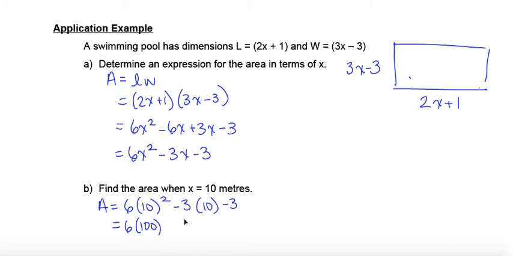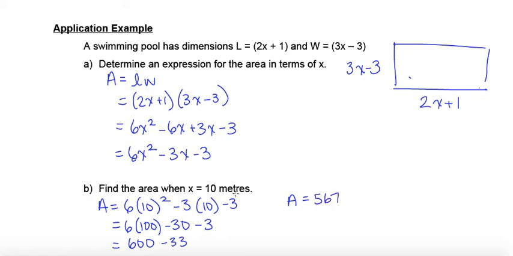Negative 3 times 10 is negative 30, and then take away 3. 6 times 100 is 600. Negative 30 take away 3 is negative 33. And 600 take away 33 is 567.